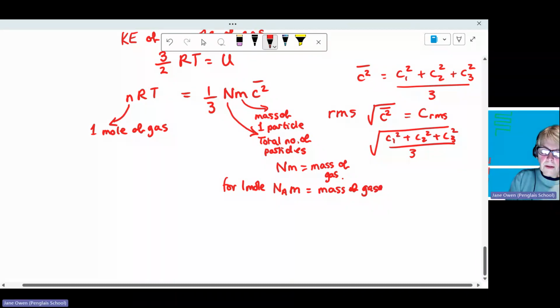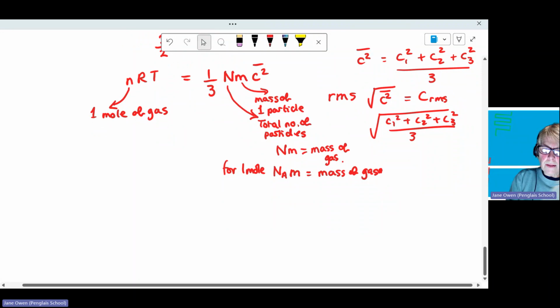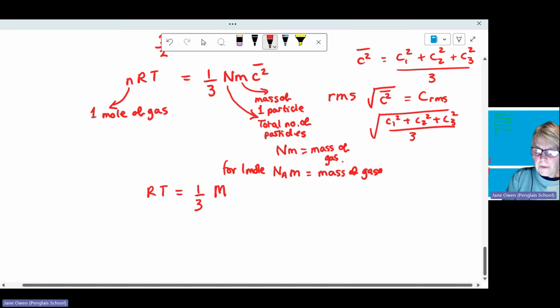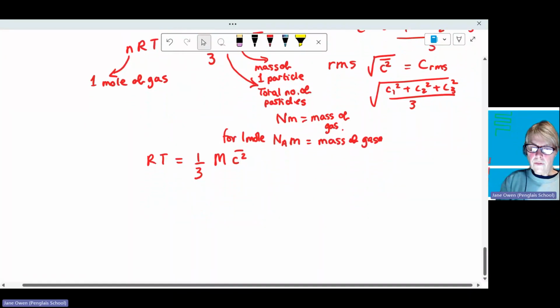Which means that we can simplify that equation and have RT equals a third M, that's the mass of the gas for 1 mole, mean square speed. Now RT looks very like a kinetic energy.